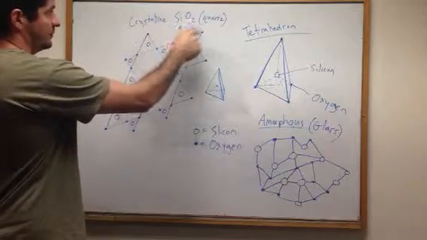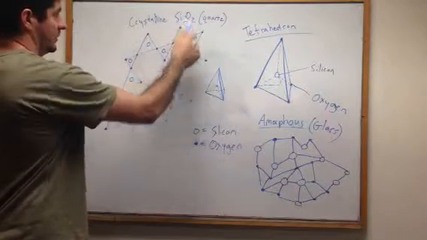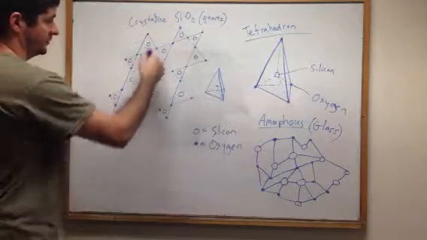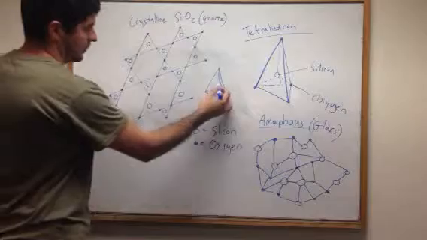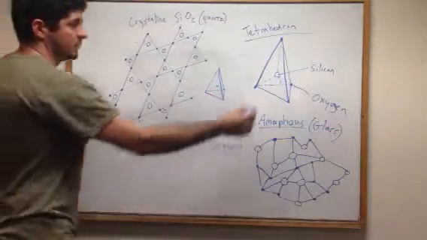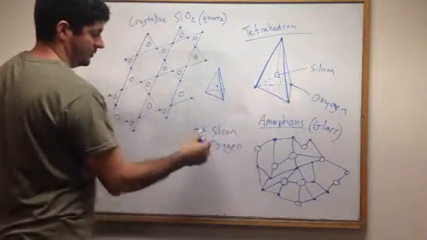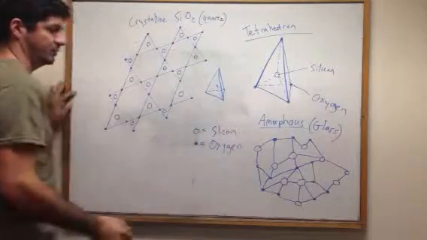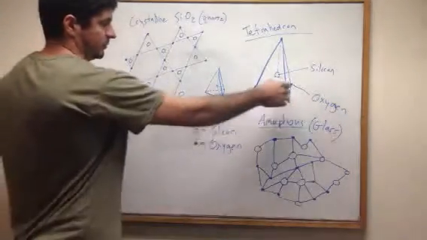Crystalline SiO2, that's what quartz is, silicon and oxygen, forms coherent structures, okay? They're called tetrahedrons, meaning silicon is the circle and the oxygen for this example is the closed circle.